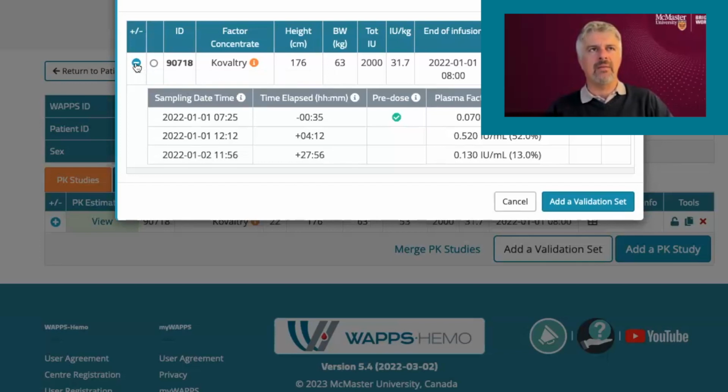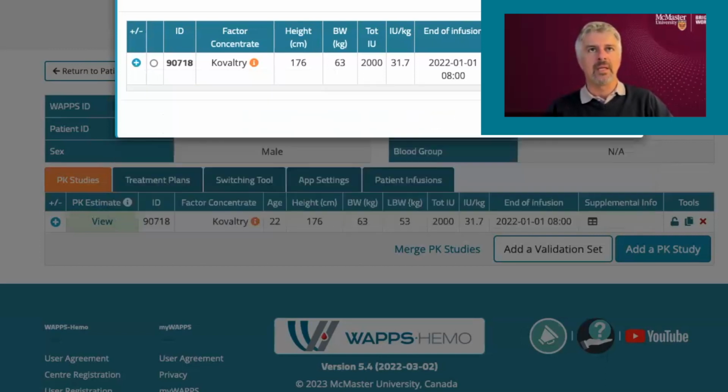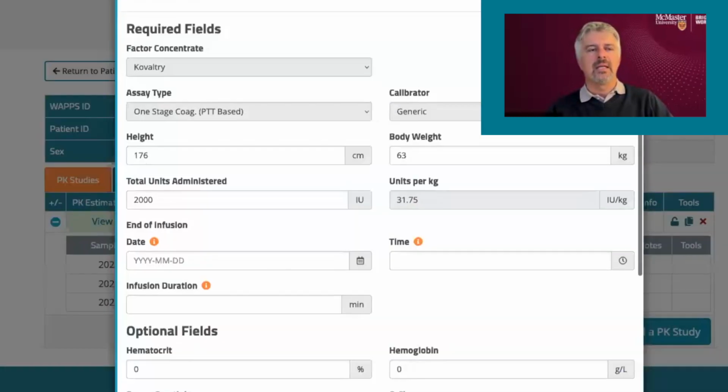Let's assume that I have a 24-hour sample for this patient that I gathered through clinical routine. So I say, okay, this is the PK I want to validate, and I want to add a validation set. This is like adding a new infusion. So I will tell it that the patient infused whatever he did.